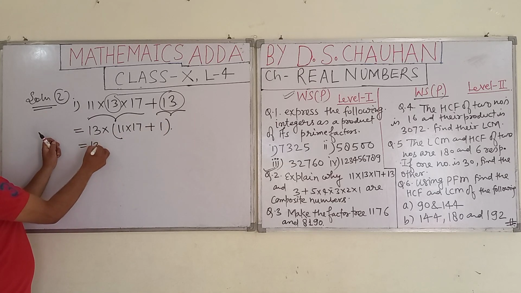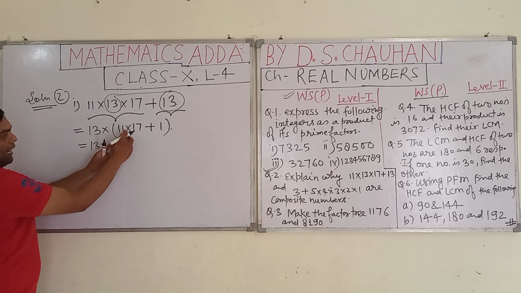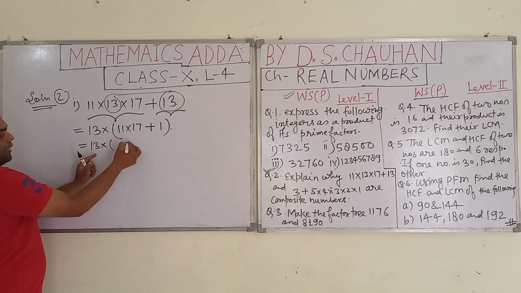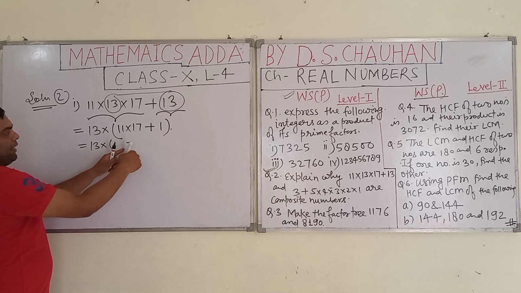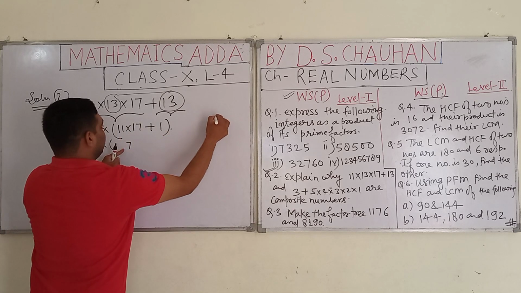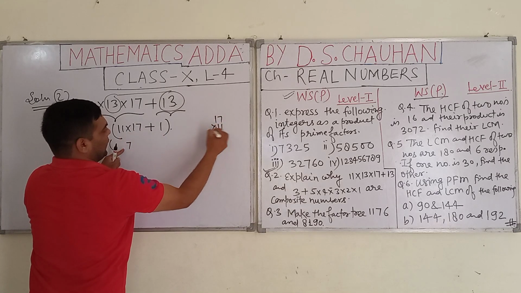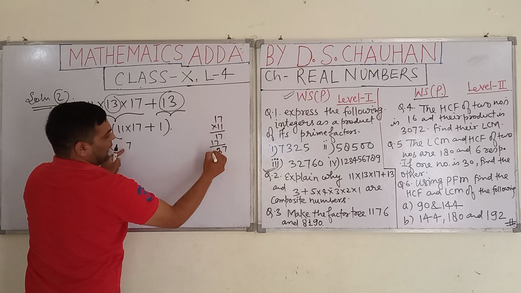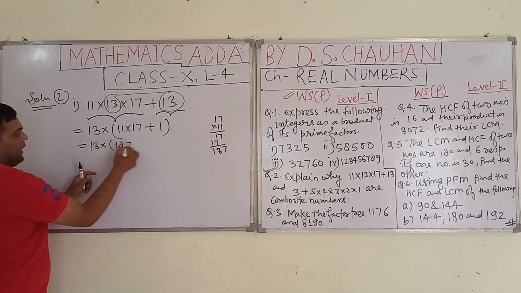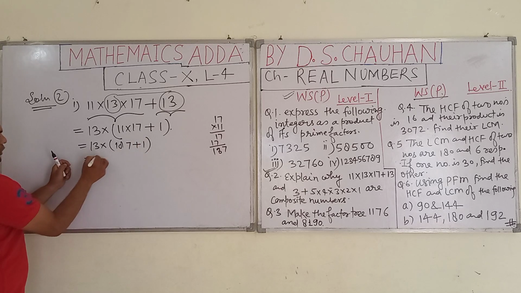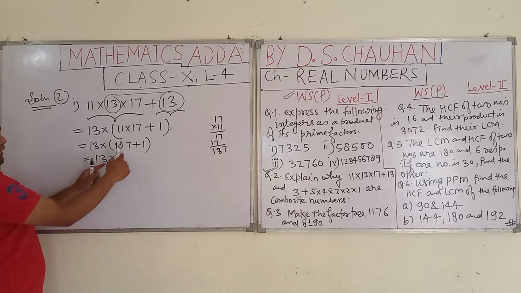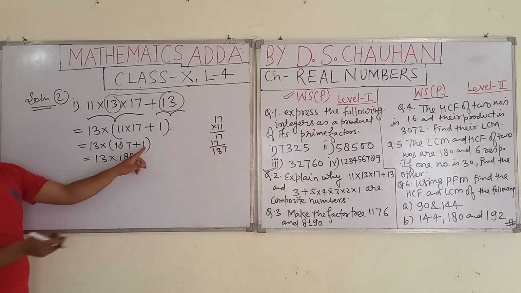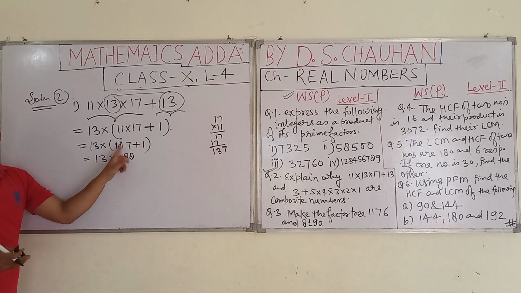When we simplify, 11 into 17 you multiply, and you will get 187, and here this is 1. Students, you can note down 13 into 188 when you add 1 to this number.